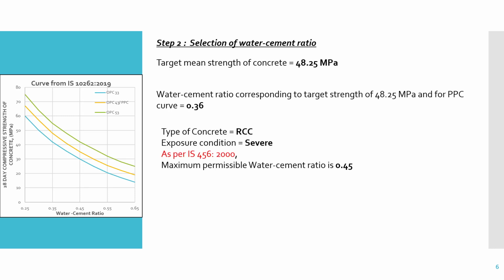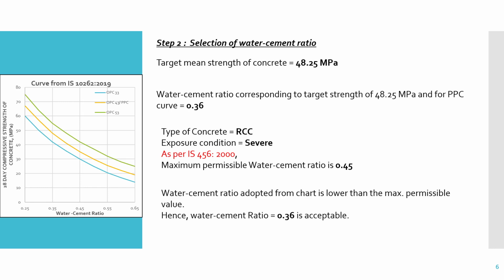If we look at Table 5 from IS 456-2000, for severe exposure and RCC construction, the maximum permissible limit is 0.45. So the value chosen from the chart is lower than the maximum permissible value and hence 0.36 is adopted.